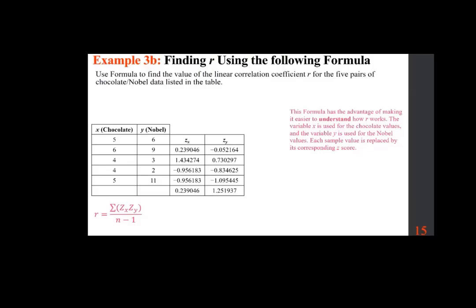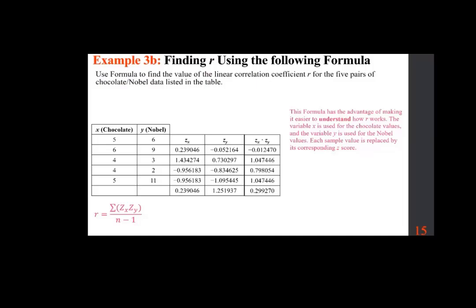And again, that will take some time. Okay. So z sub x is calculated, z sub y is calculated. You multiply. So these two columns are being multiplied.